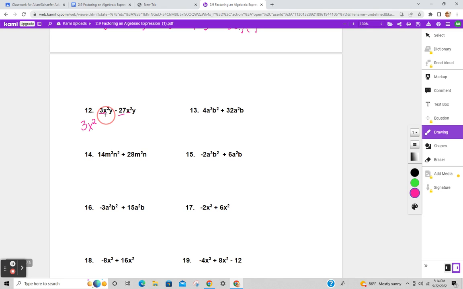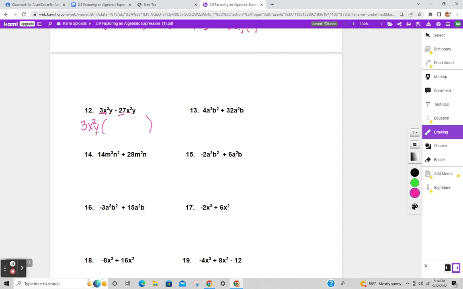We can't choose x cubed because x cubed doesn't go into x squared evenly. It's too big. And then y will divide out this y and this y. So there's our greatest common factor, 3x squared y.